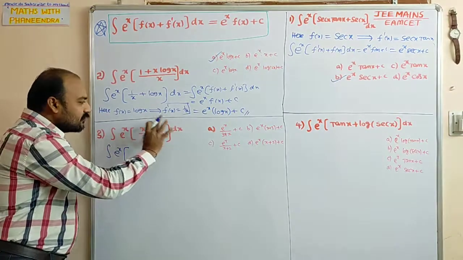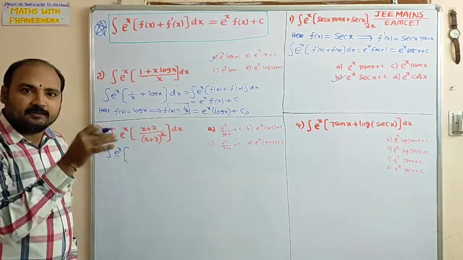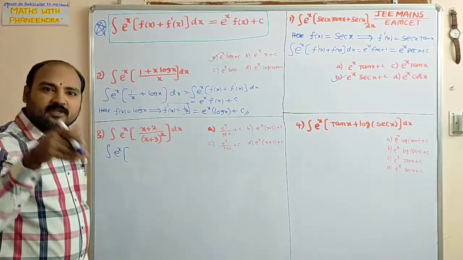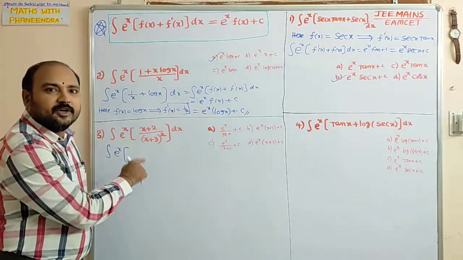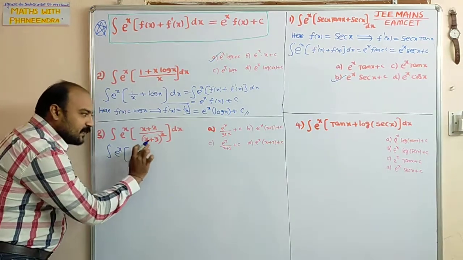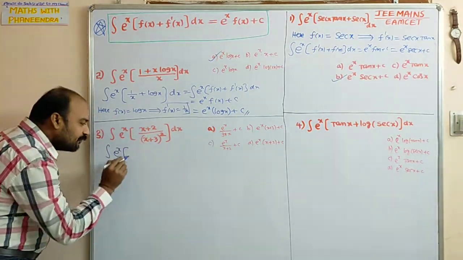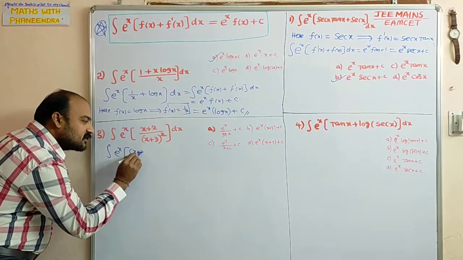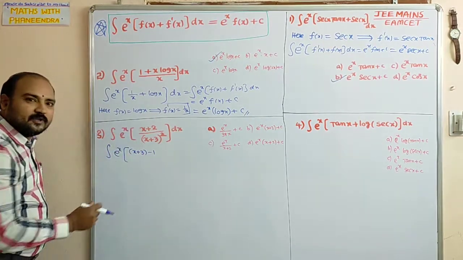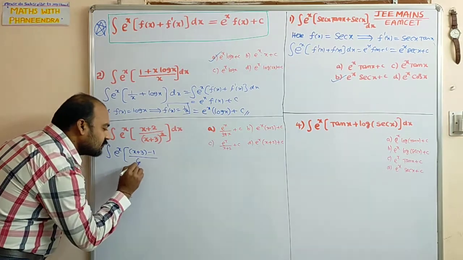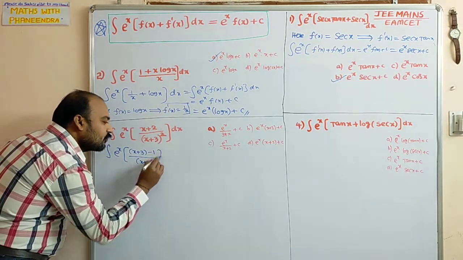Whenever a form like this is there in MCQs, make the numerator value in terms of denominator. This is the important step. So I am converting x plus 2 in terms of x plus 3. Can I write x plus 3 minus 1? Is it equal to x plus 2 or not? We got the numerator value x plus 2, divided by x plus 3 whole square into dx.